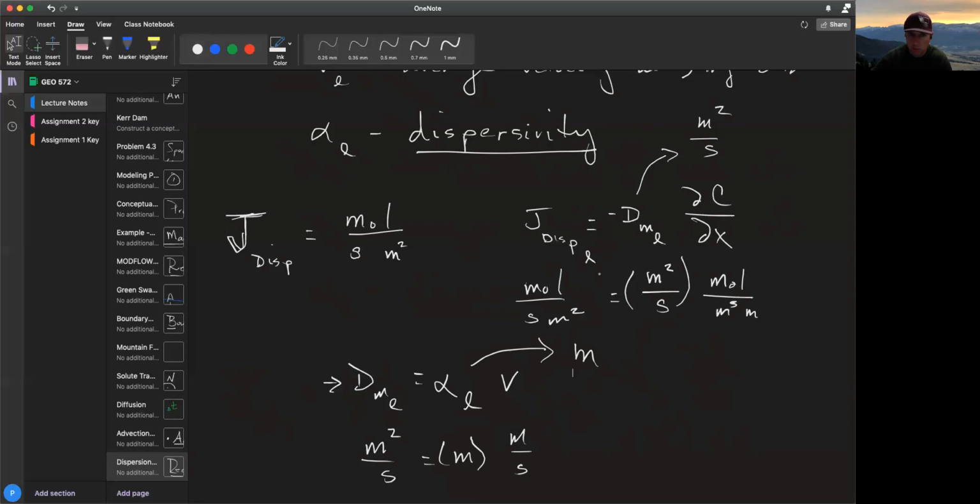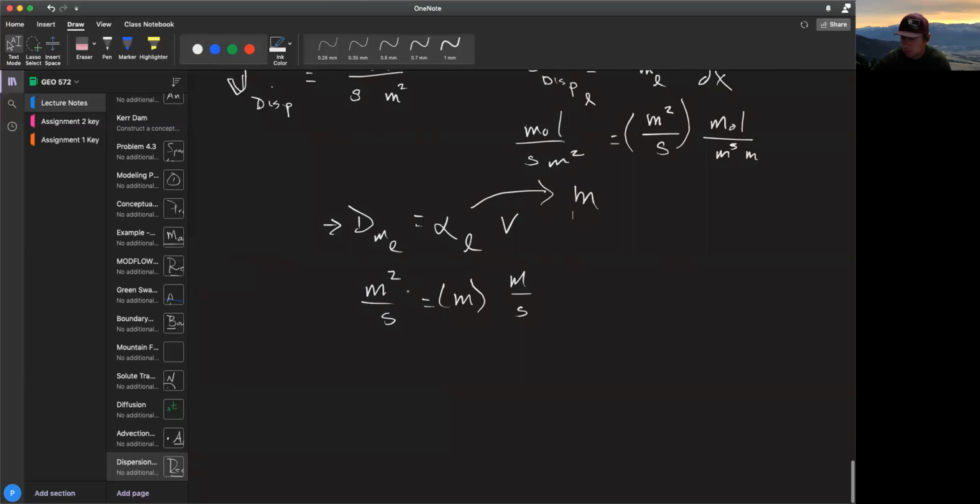Okay, so for flow, we're going to have longitudinal dispersivity. If we assume that our dispersion tensor aligns with our direction of flow, which aligns with the geologic structure, we have three coefficients. We've got DML, which is equal to alpha L times V bar. Alpha L is the longitudinal dispersivity.